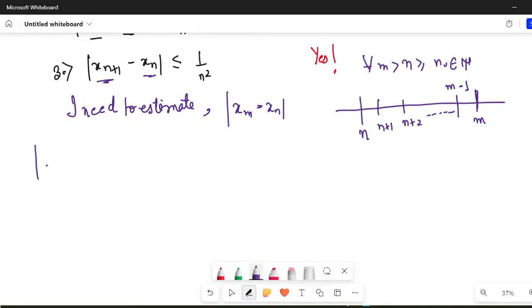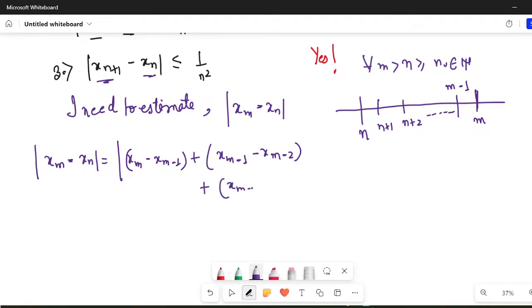So I can estimate xm minus xn, and I'll simply write xm minus xm minus 1, plus xm minus 1 minus xm minus 2, plus xm minus 2 minus xm minus 3, and so on, up to xn plus 2 minus xn plus 1, plus xn plus 1 minus xn mod.